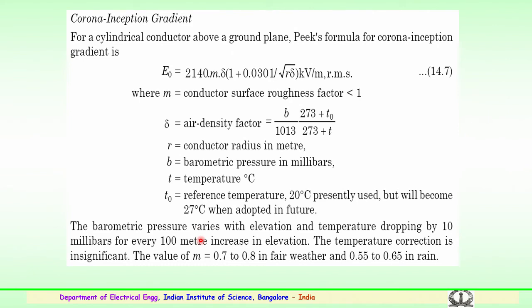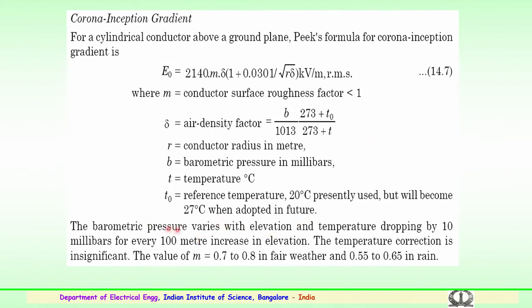Usually the standard temperature as per STP, standard temperature and pressure conditions, of 20 degrees is used as a reference temperature. This is planned to be considered as 27 in the revised standards, maybe in future if this value is adopted. Presently, as per the standards, the reference temperature is 20 degrees centigrade.